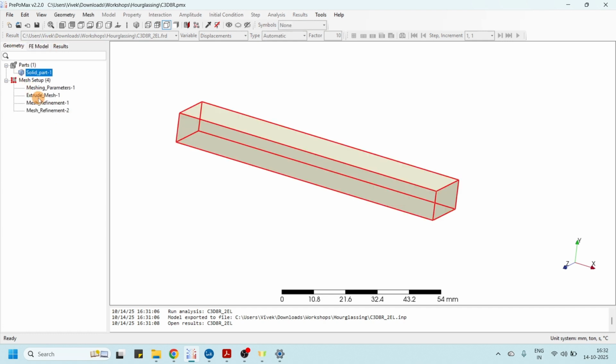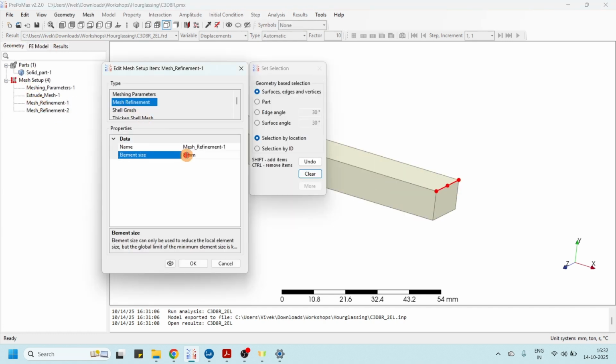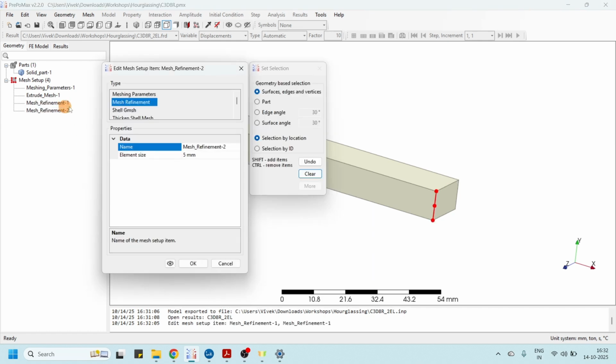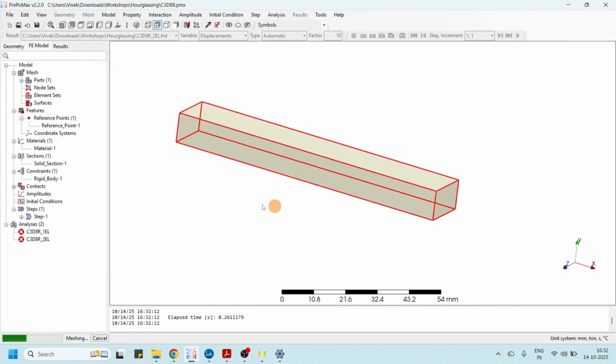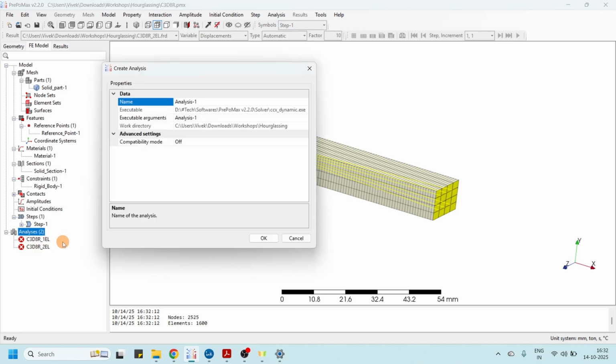Now let's add a few more elements. We will now add four elements along thickness and rerun the analysis.